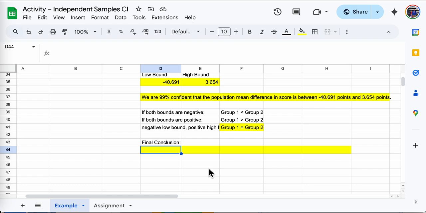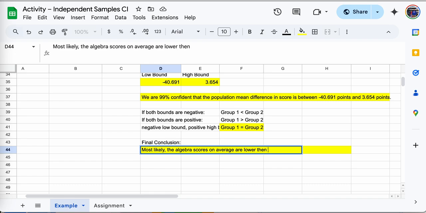So we can say, I mean, you could reiterate one of these conclusions if you want, but I could also just, as a lay person, kind of speak it in the way I would say it to another person and say, most likely, the algebra scores on average are lower than the geometry scores.